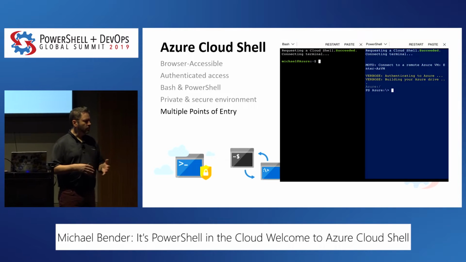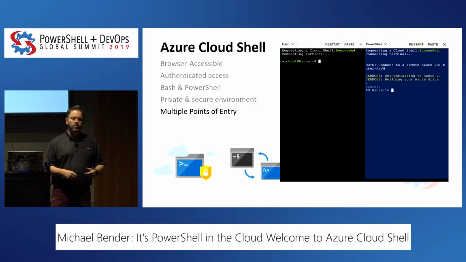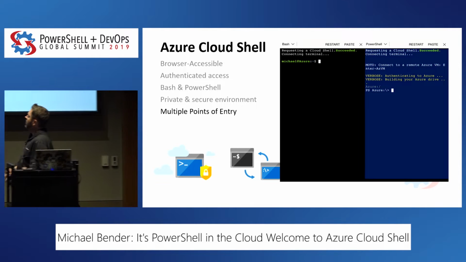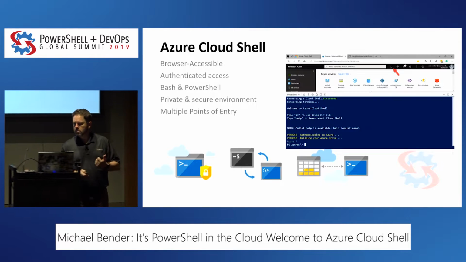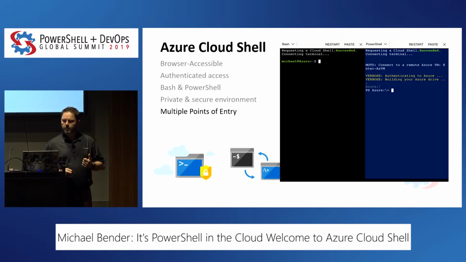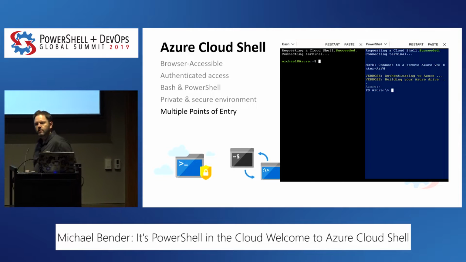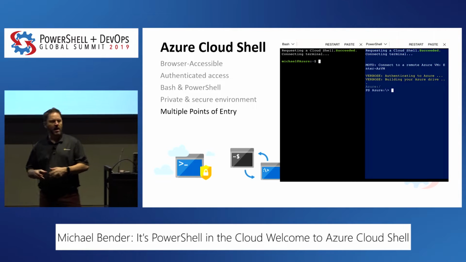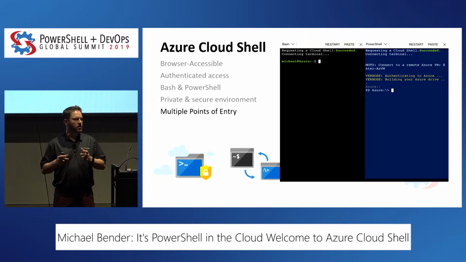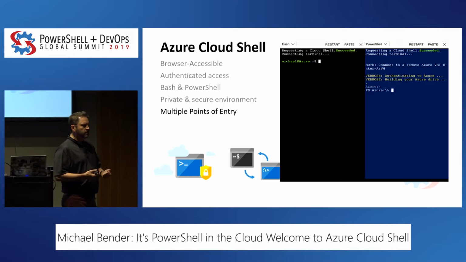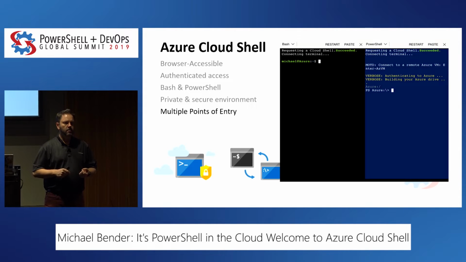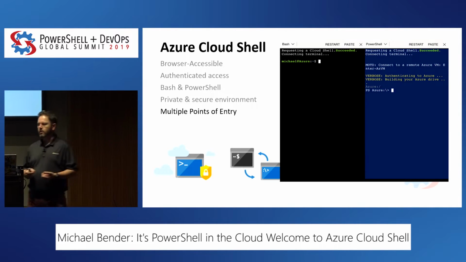And we also have multiple points of entry for you to get into Cloud Shell. So up here, that's up in the app. If you have the Azure app on iOS or Android, you can go right in. Once you have it set up and securely authenticated into your tenant and subscriptions, you can simply click on Cloud Shell and it brings up a browser on your phone.